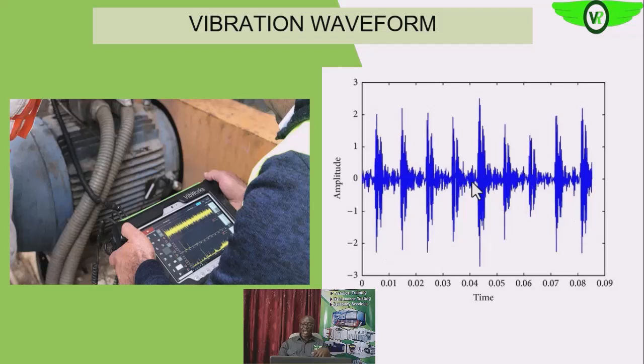So here we have the effect of other forcing functions, that is other harmonics that are superimposed on the vibration waveform of interest. That is what is causing all of this distortion. But even at this, if you look at it critically, you will see a pattern.